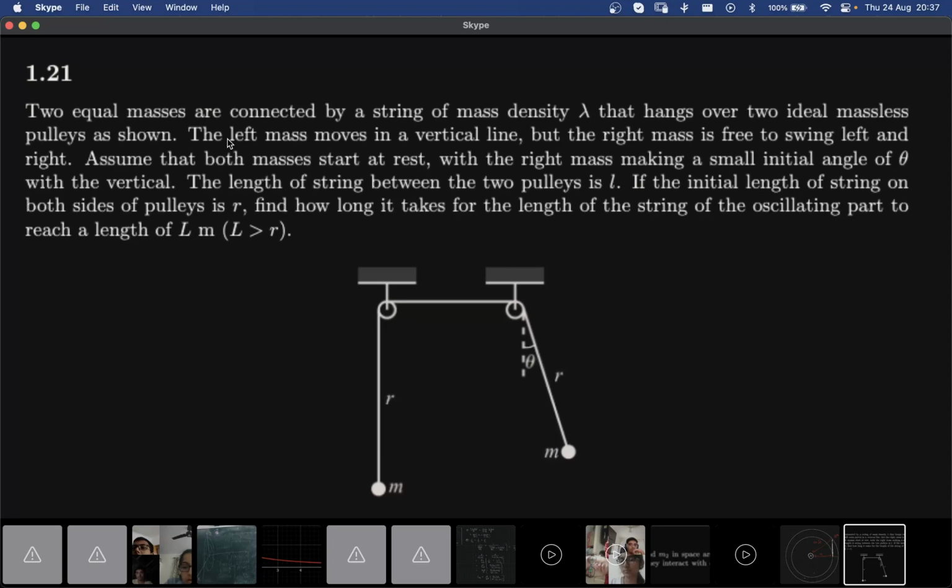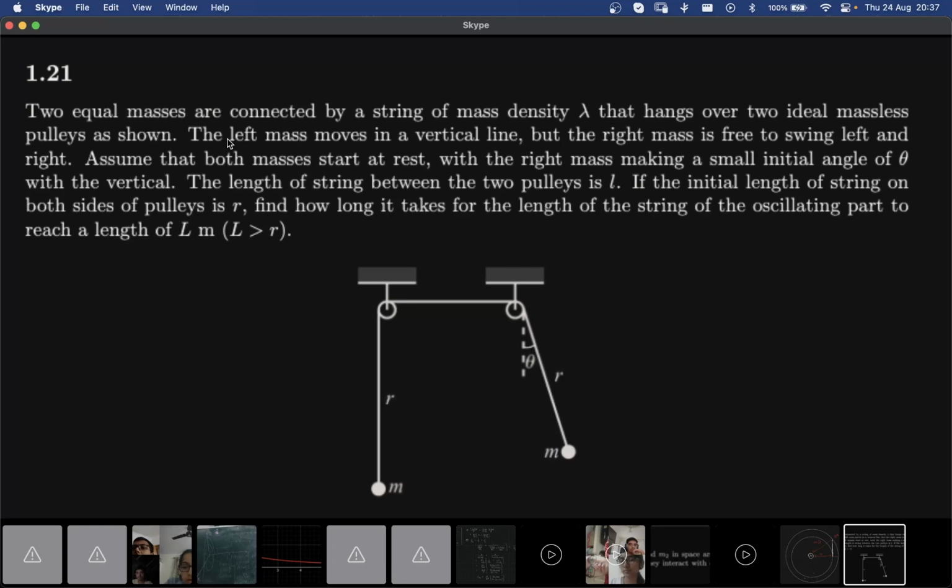Two equal masses connected by a string of linear mass density, hanging over an ideal massless pulley as shown in the figure.